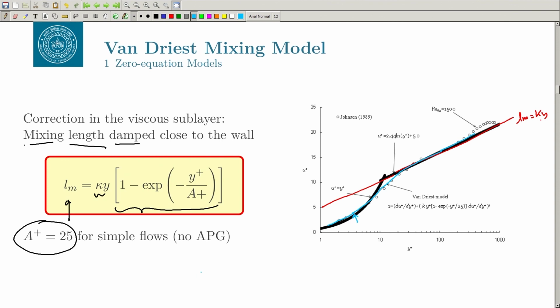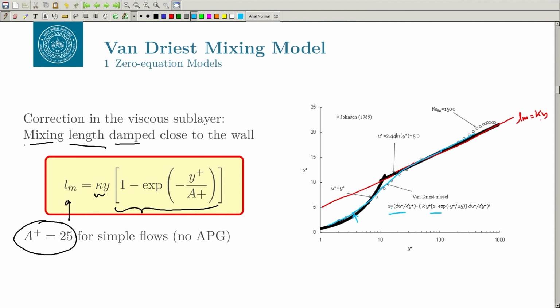Spalding's law basically unifies the law of the wall, which is the log law, as well as the region where u plus equal to y plus. So using that kind of argument, Van Driest proposed a modification of the length scale, where the model works very close to the wall, also in the viscous sublayer.